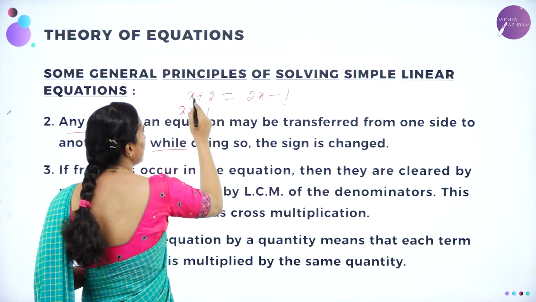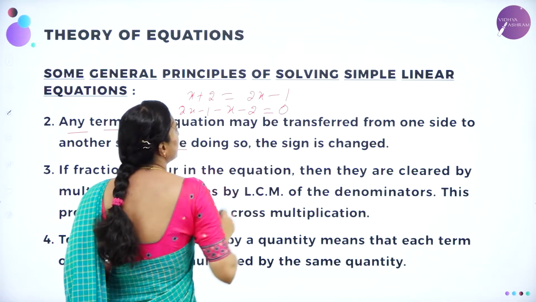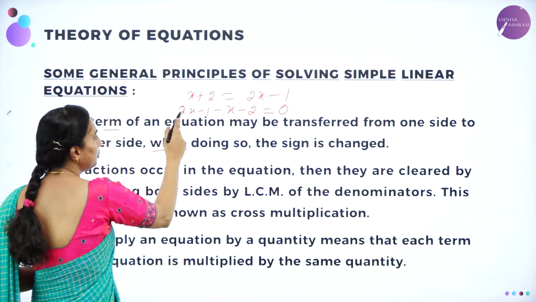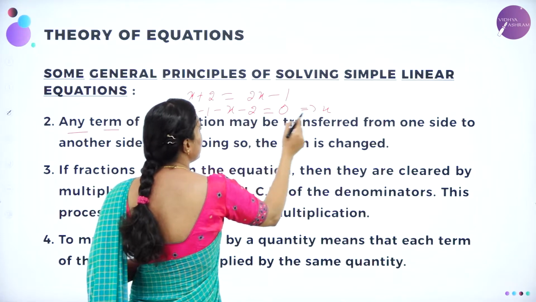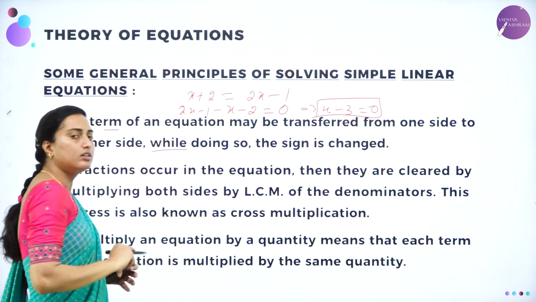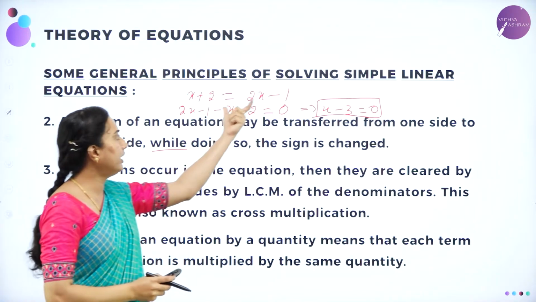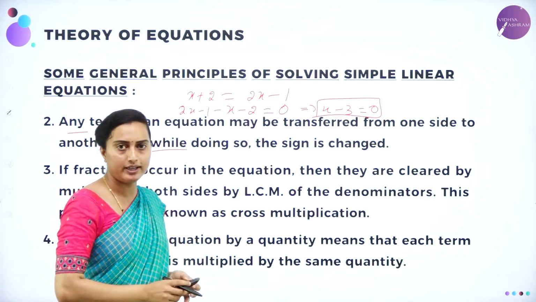This is transferred this side, minus x minus 2 is equal to, on the right hand side, 0. Now 2x minus x is nothing but x, and minus 1 minus 2 is nothing but minus 3, equal to 0, or x is equal to 3. This is how you are going to do. Or taking all the 2x minus 1 to that side, you can get the x value as 3 only.